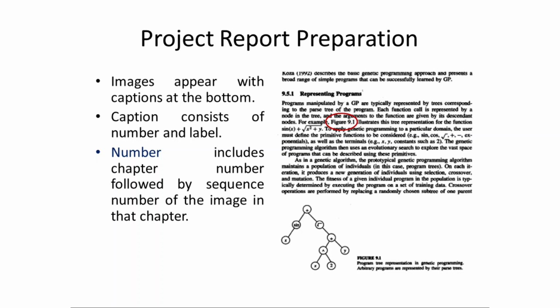And figure numbering also has a systematic style. 9.1 means the first figure in the 9th chapter. You don't have multi-level numbering, you have only single level numbering. Chapter number dot the sequence number of the figure in that chapter. In the next chapter, once again, the sequence number of the figures begins from 1. And the cross reference appears in the body text.